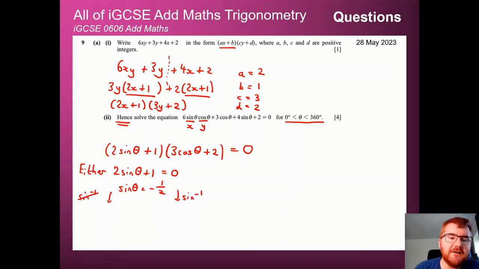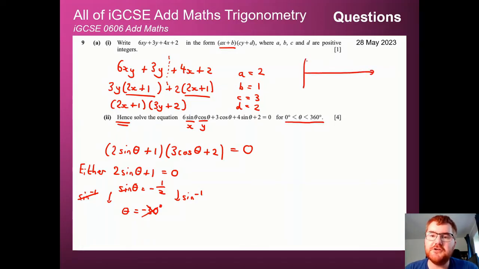We do the inverse sine of both sides, that gives us theta. Changing my calculator very quickly to degrees, we're going to do inverse sine of minus 0.5, and that's going to give us the answer of minus 30. Now, notice that is not in our domain, so we can't use that answer. But we can do a quick sine sketch here just to show you what's going on.